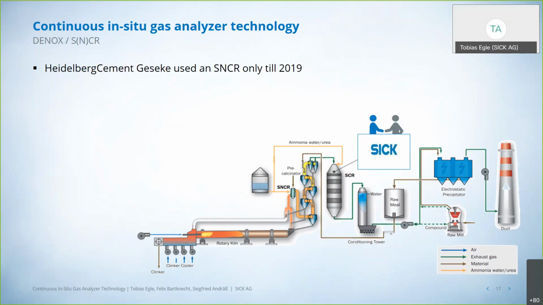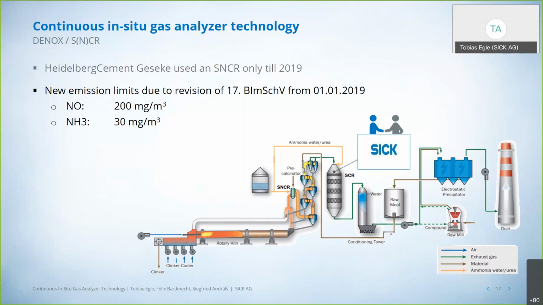But with the new regulation in Germany of 200 milligrams per cubic meter NOx and 30 milligrams NH3, they got to the next point where they needed a further reduction. And so they decided to install an SCR unit, which was planned to start in March 2019.